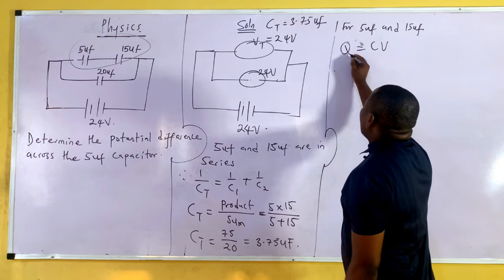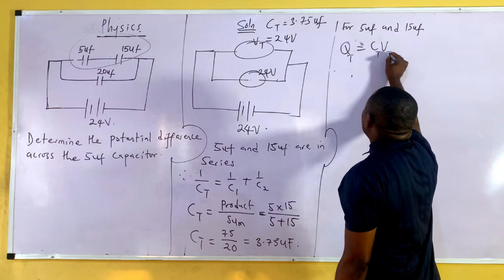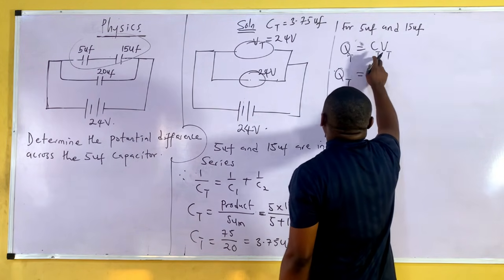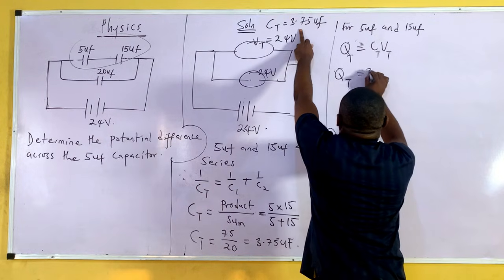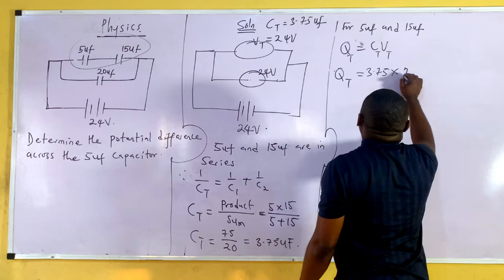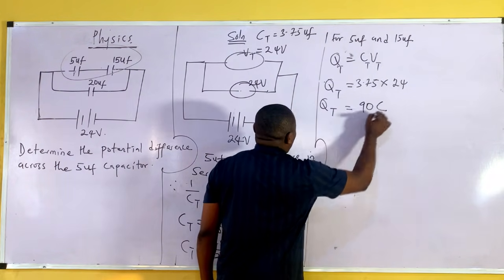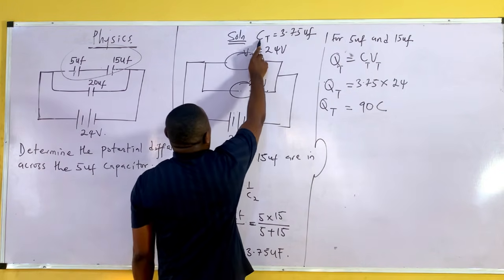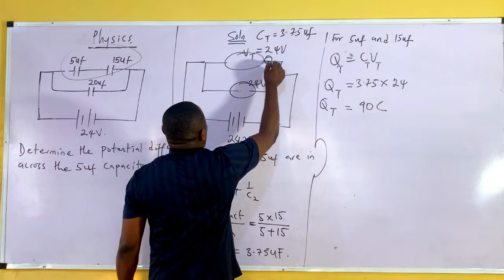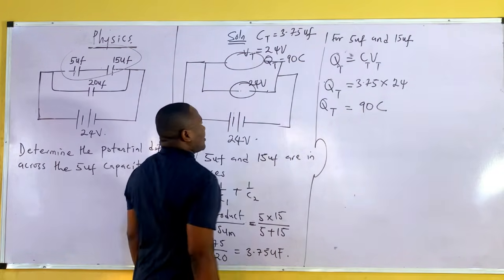So total charge is equal to total capacitance times total voltage. So our total charge is equals, total capacitance is this, 3.75 times total voltage is 24. So that will now be 90 coulombs. So now they have a total capacitance of this, total voltage of this, then their total charge is now 90 coulombs. So now, let's now see.